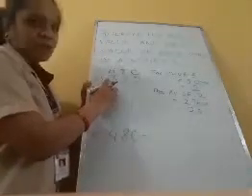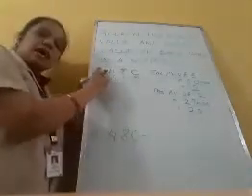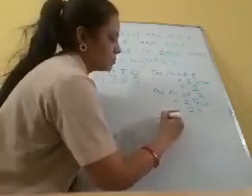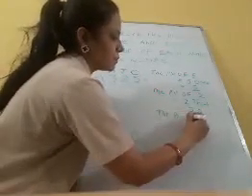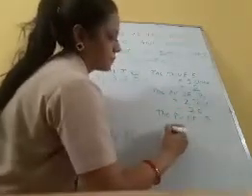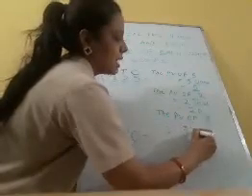Now your third digit is 3, so 300. The place value of 3 is 300.